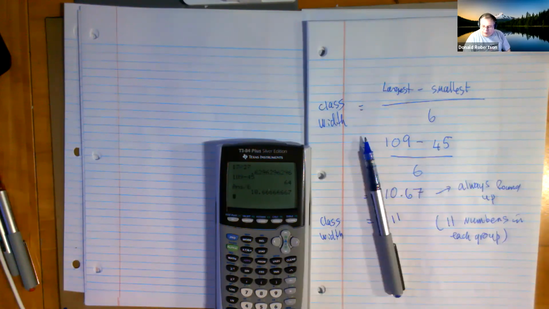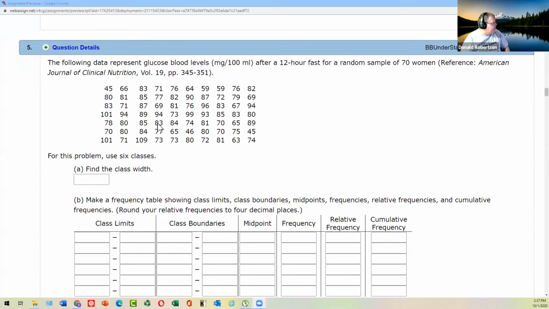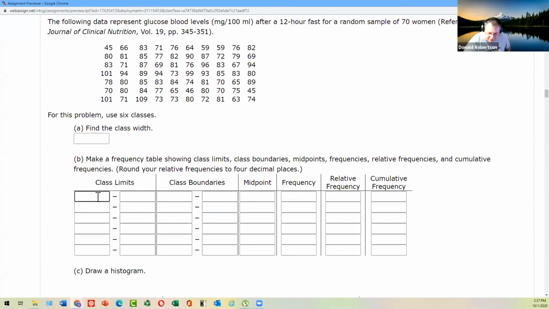Right, so now I'm going to return back to that and start filling in that data. Okay, so 45. 11 numbers, I count with my fingers. 45, 46, 47, 48, 49, 50, 51, 52, 53, 54, 55.